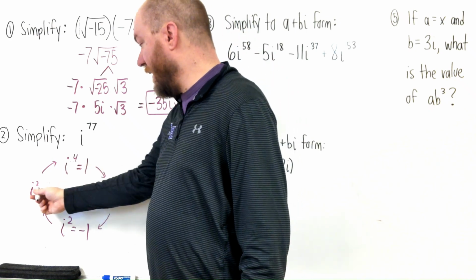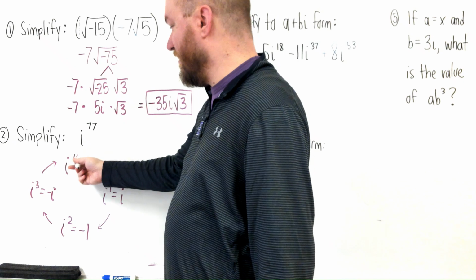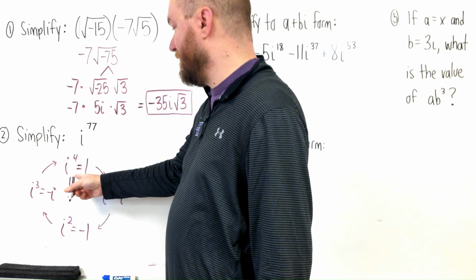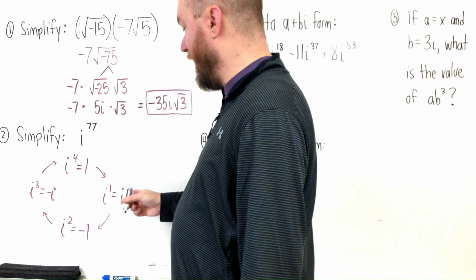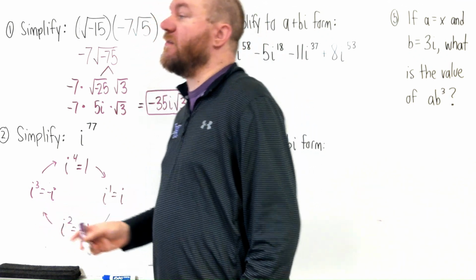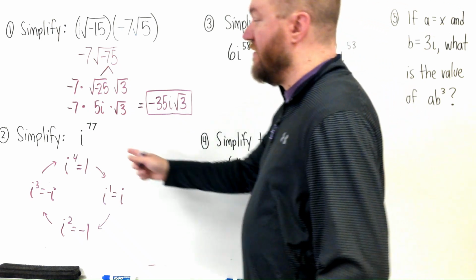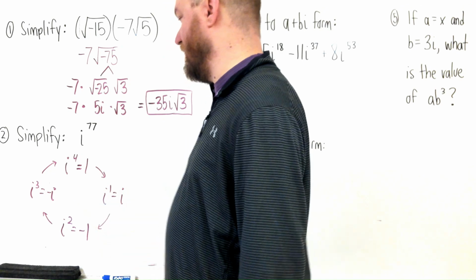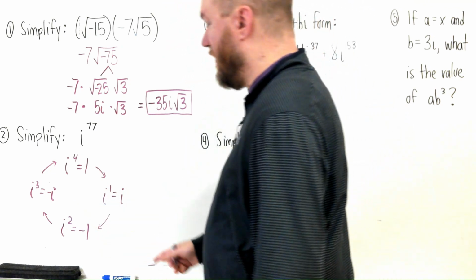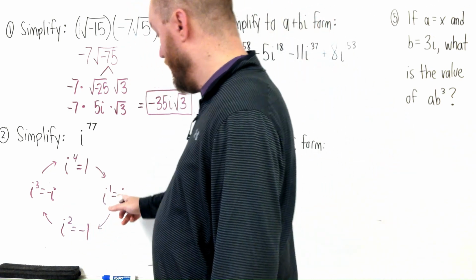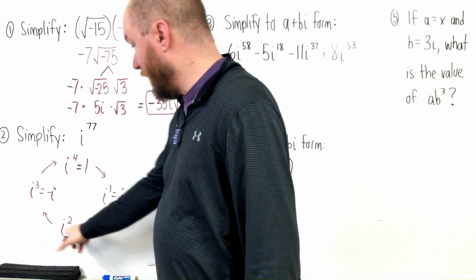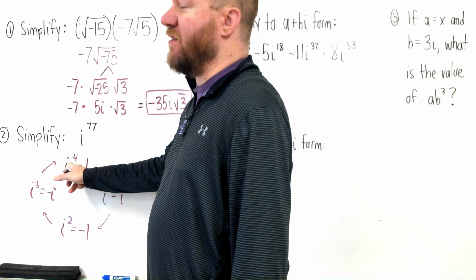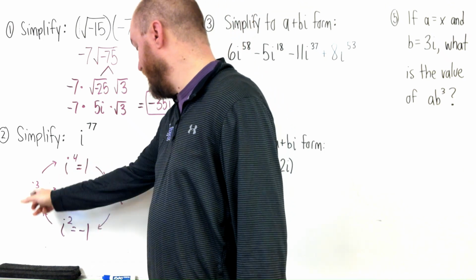If your exponent is divisible by 4, then it's going to be in this spot right here. If your exponent is not divisible by 4, it's going to be one of those 3 exponents. 77 is not divisible by 4, so I know that it's not this answer. In fact, if I want to go all the way around the circle, that's 4 possible exponents. That means that we're going to break this circle into 4s.